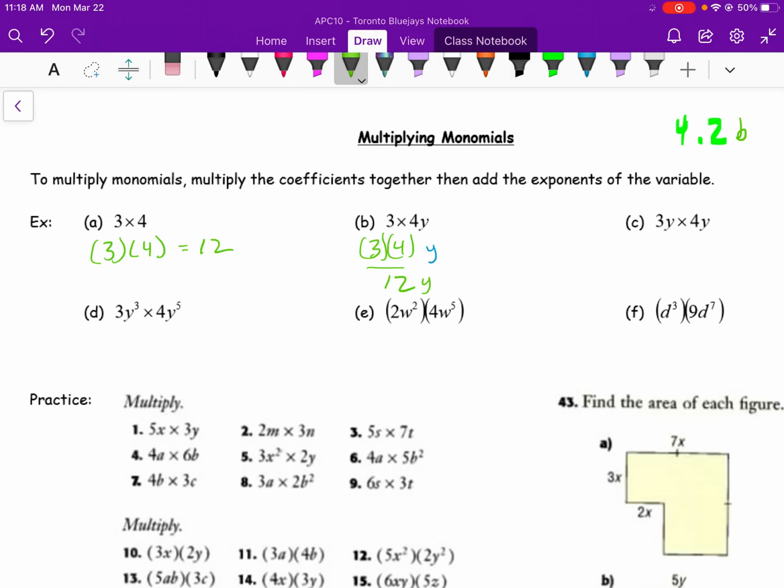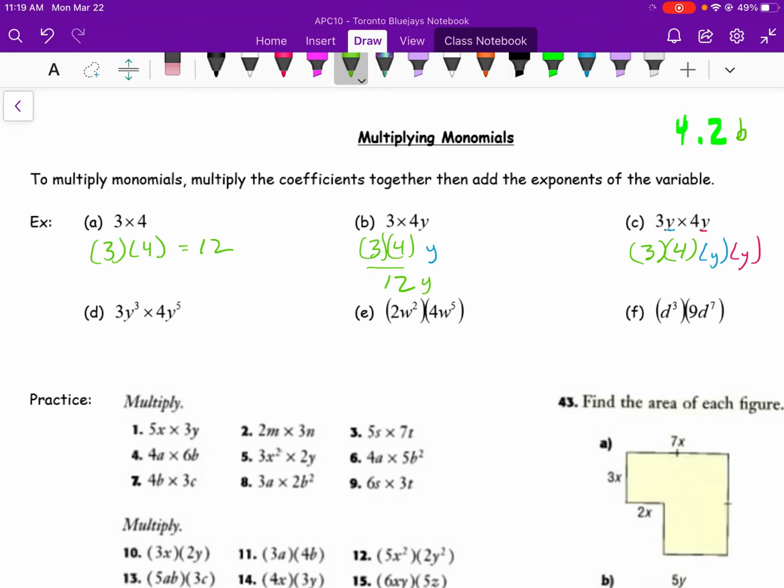All right. Moving on to C. Now remember, we multiply the coefficients and then we multiply the variables. We group them in a very special way. So what I'm going to do is think of it as 3 times 4. So I'm going to group those coefficients and then y. And then don't forget about that y.